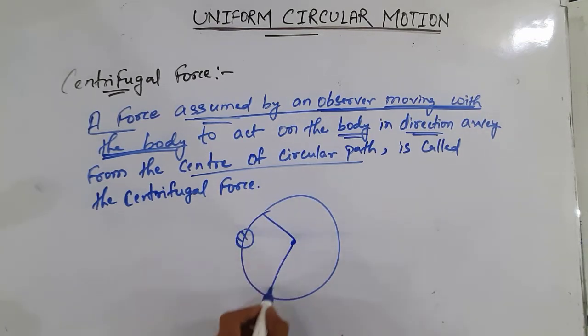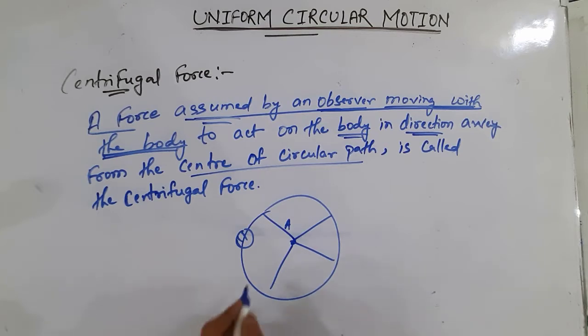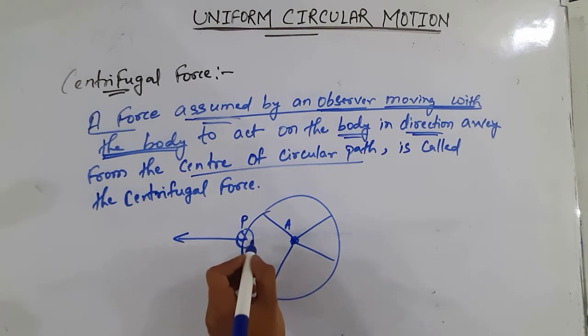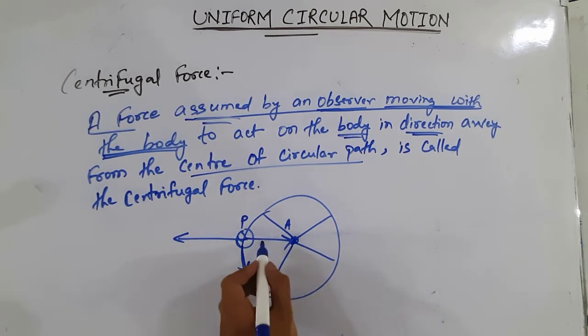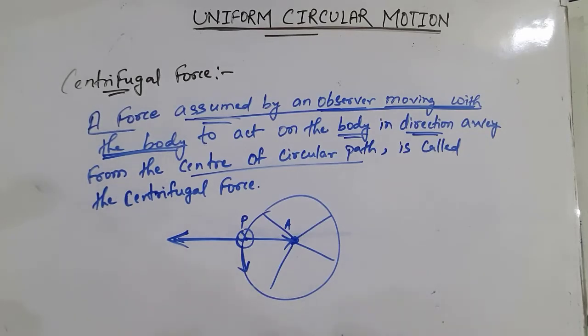Here the observer is A, and when the ball is at position P, as the ball moves, the observer assumes that there is a force acting away from the body, and the force acting towards the body is called centripetal force, and the force which acts away from the center is called the centrifugal force.